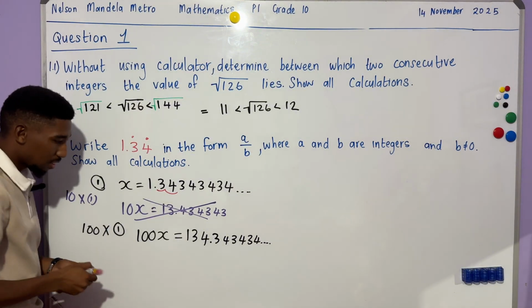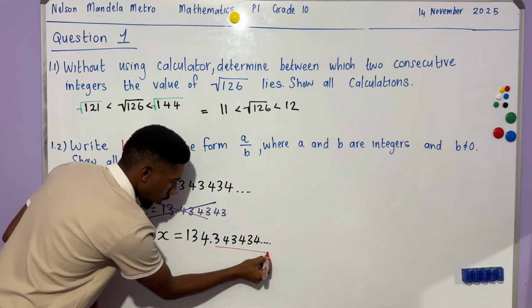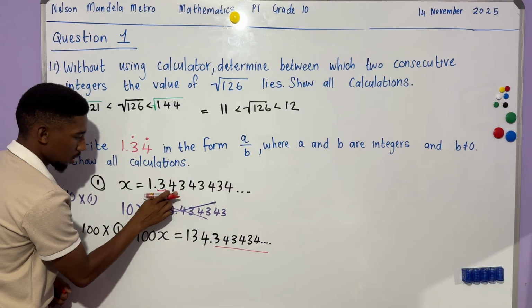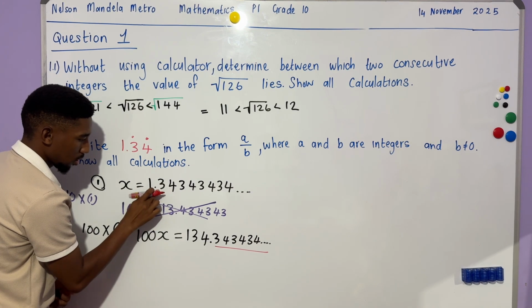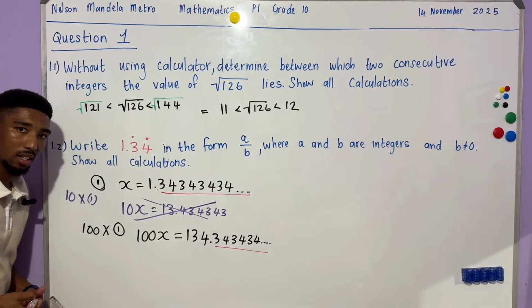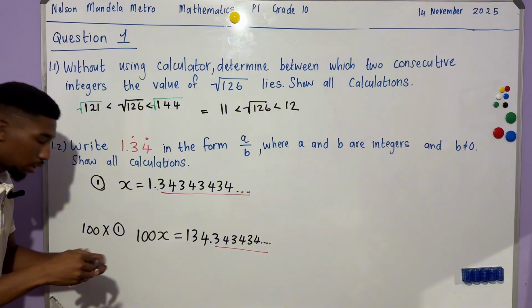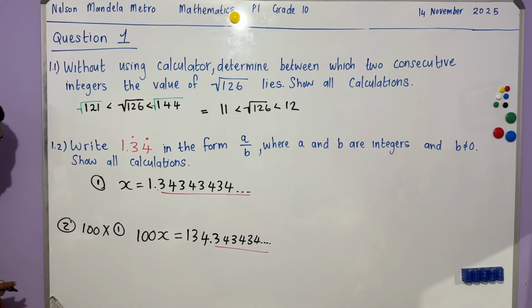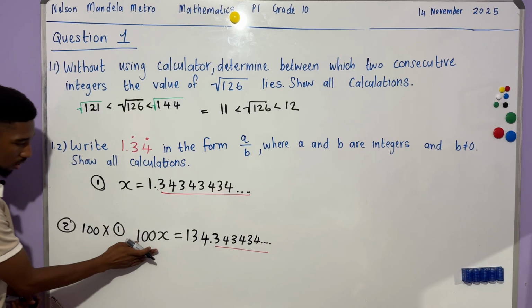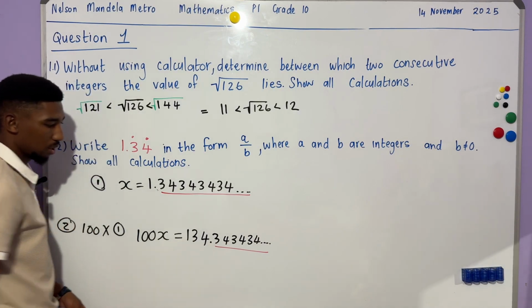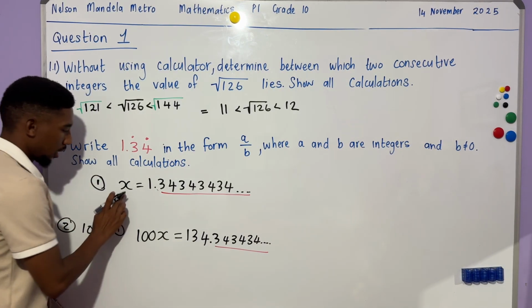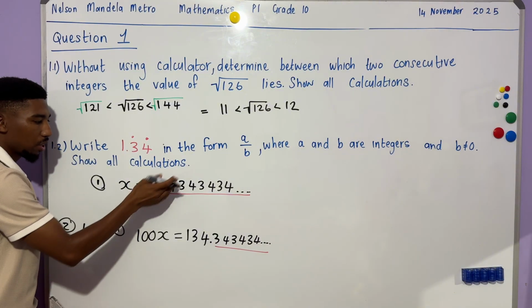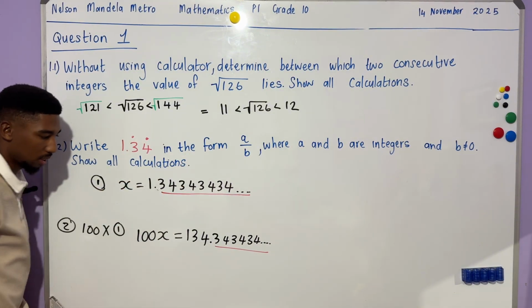We have now successfully created two equations where the decimals are exactly equal. The second equation is 100x equals 134.343434 recurring, and the first equation is x equals 1.343434 recurring.